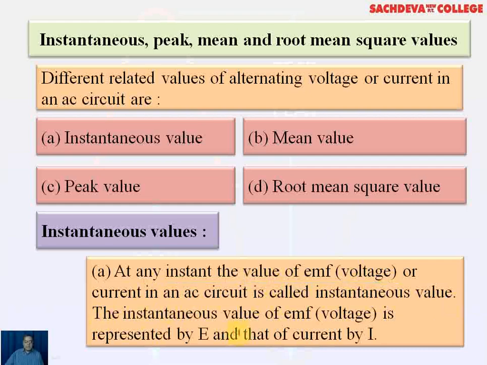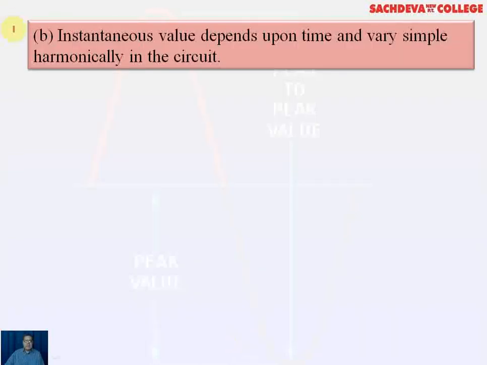Instantaneous value of EMF or voltage is represented by E and that of current by I. The instantaneous value depends upon the time and varies simple harmonically in the circuit, that is, it will follow the rules of simple harmonic motion.